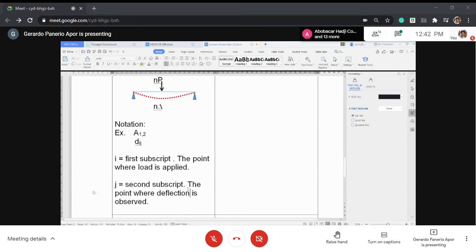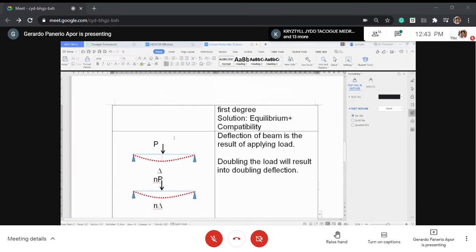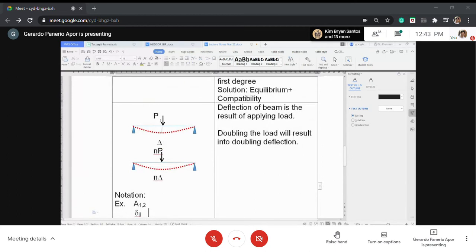So, for the second subscript, we will use the symbol. Okay. We use small letter delta as the symbol for deflection due to unit load. The small delta is the symbol for deflection due to unit load. The big delta is the symbol for deflection due to real load.